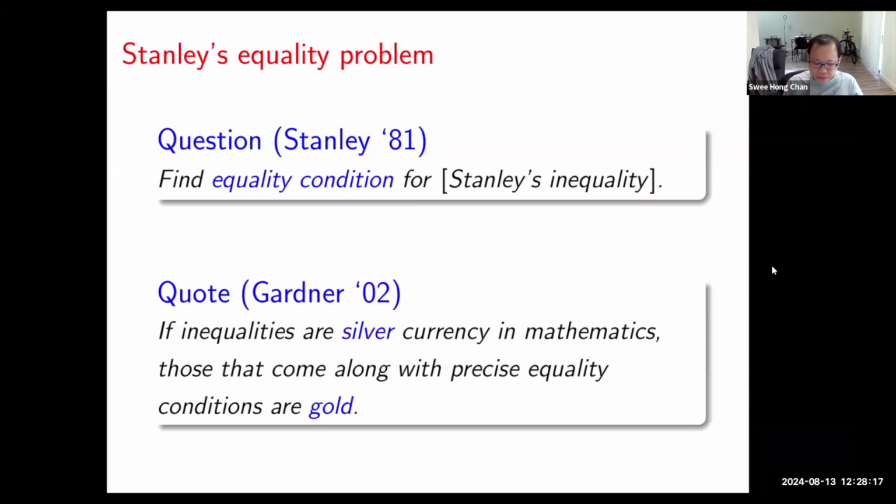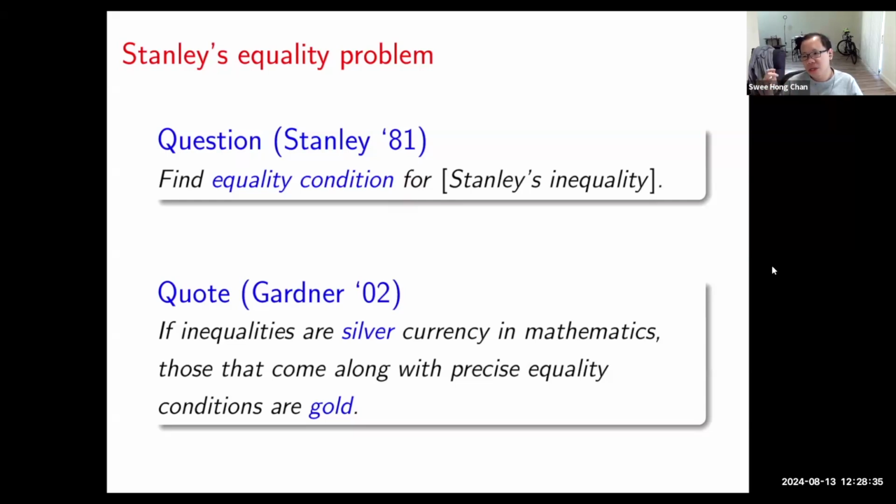And there is an important reason why Stanley asked this question. Whenever you have an inequality, those for which you have equality conditions usually show that you have achieved a next level of understanding.